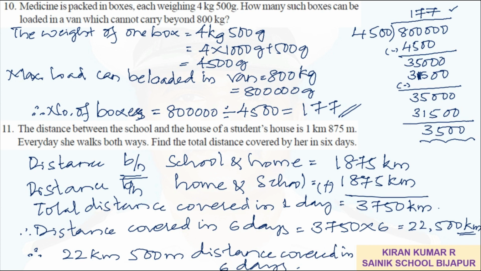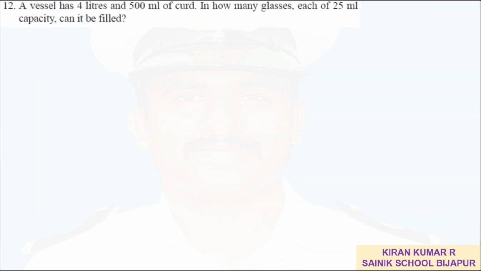Let's solve the last question of this session. Look at the question. A vessel has 4 liter and 500 milliliter of curd. In how many glasses each of 25 milliliter capacity can be filled? It's a question related to division. Capacity of the curd in a vessel is 4 liter, 500 milliliter.